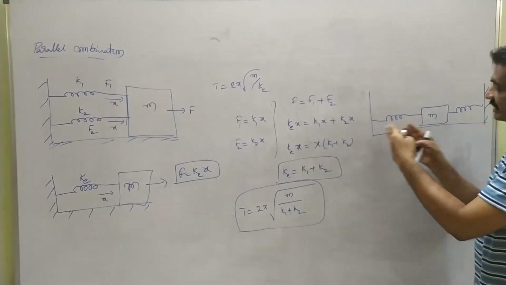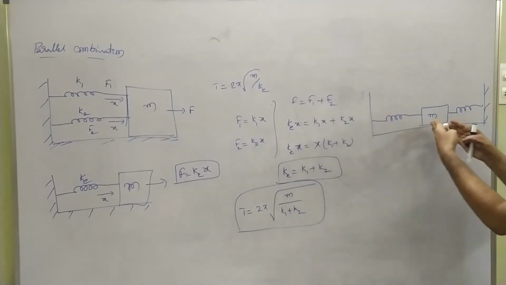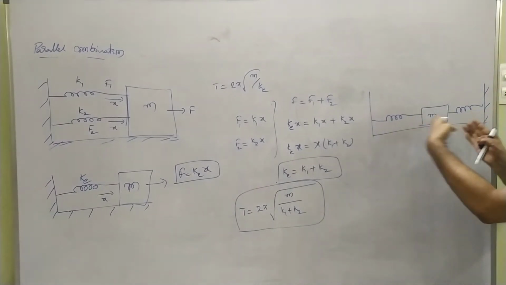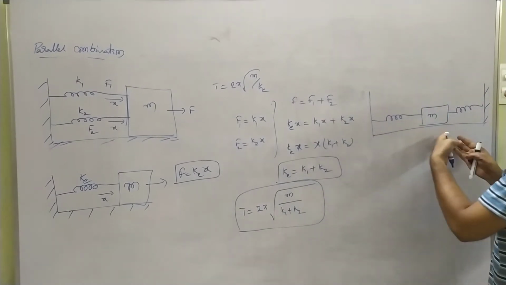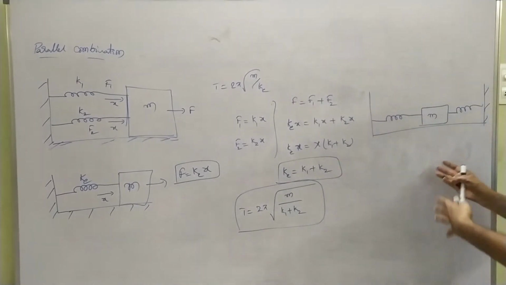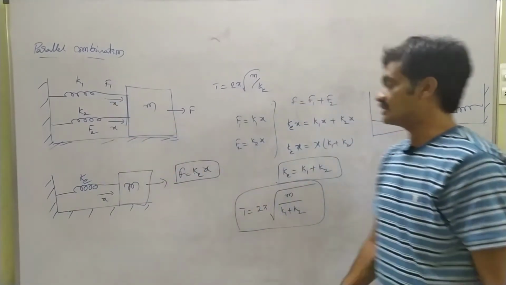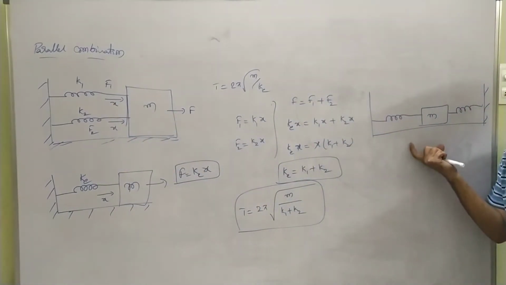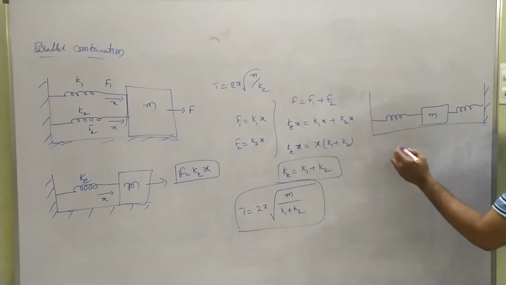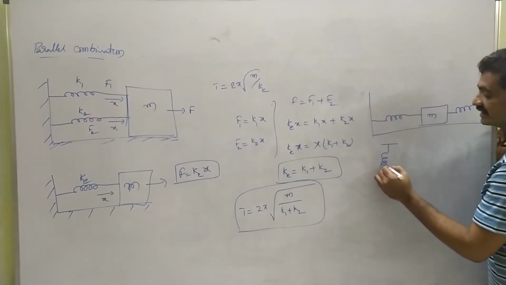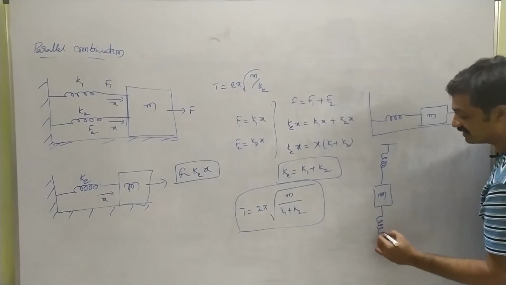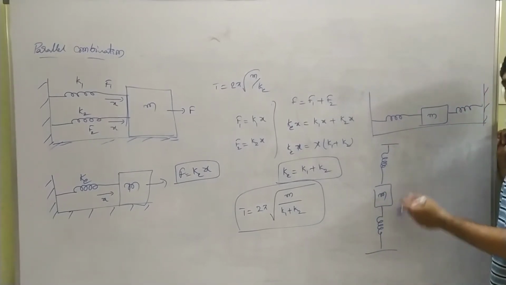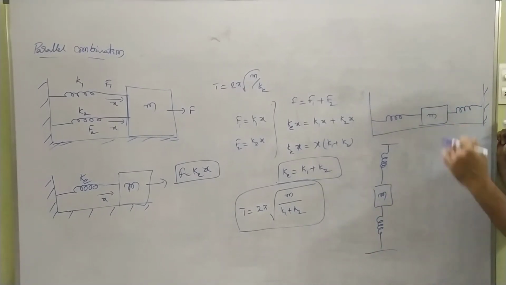Because as the body is displaced towards this side, the spring will be elongated along this side, as well as when the body moves towards this side, the spring will be elongated. It means the elongations are similar to that of a parallel combination. We cannot consider it as a series, we can consider it as a parallel. In the same way, when we consider along the vertical, then also we consider the combination as a parallel itself, when the two springs are connected like this to a body of mass m.